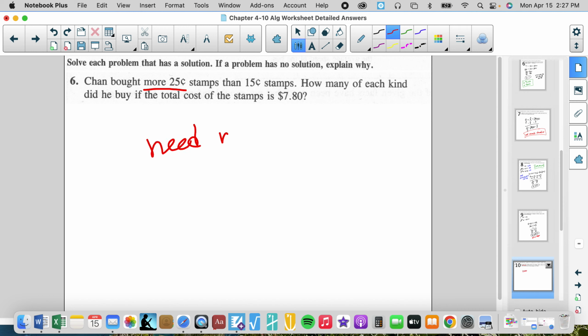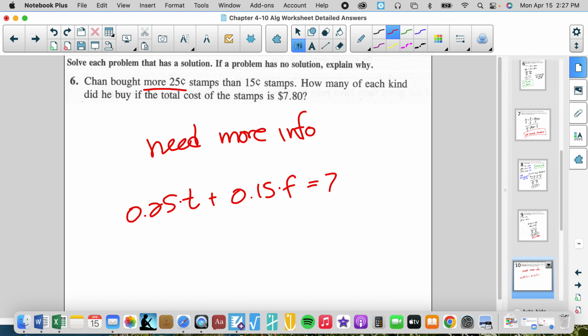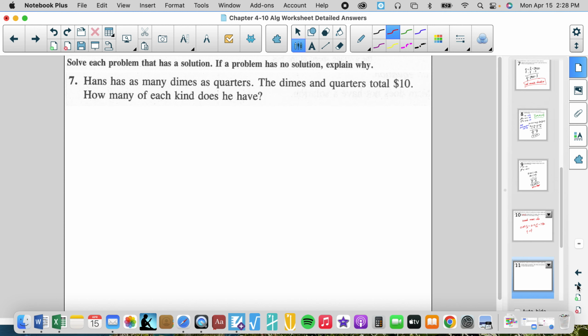So that would be 0.25 times the 25-cent stamp plus 0.15 times the 15-cent stamp is going to equal $7.80. That's our equation, but we have no understanding of the relationship. We know that T is greater than F, but that doesn't help us. That doesn't give us any answer. Okay, so there are a multitude of solutions.